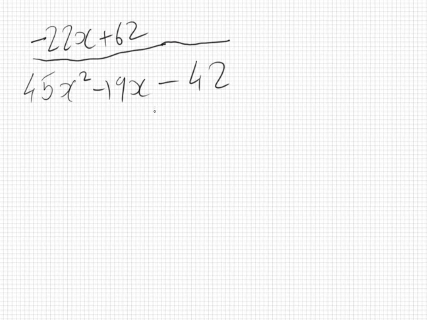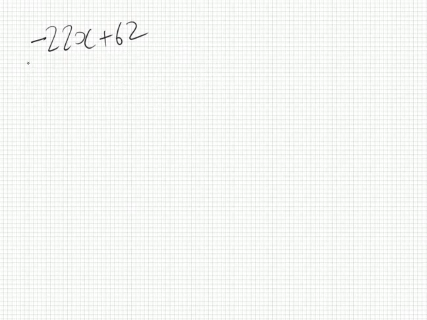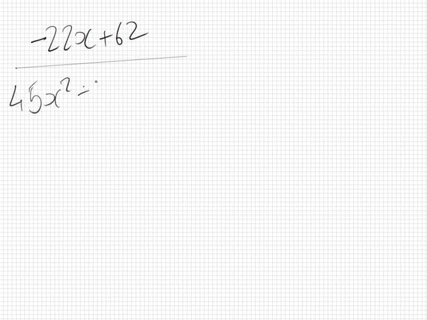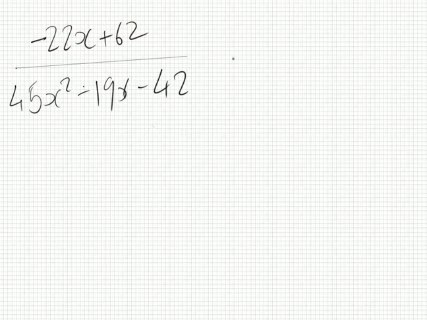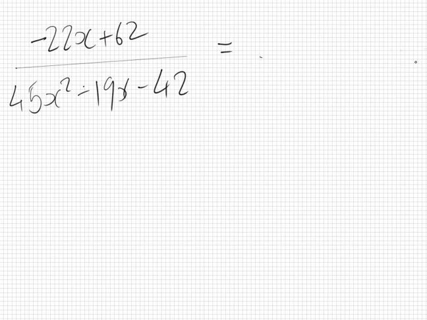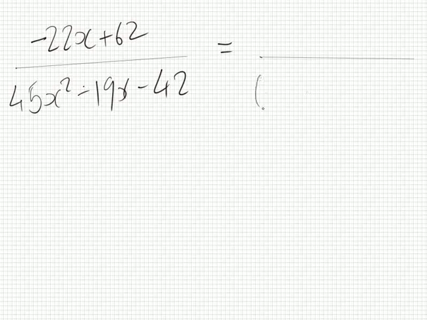I'm going to write that again, that's a bit messy. 45x squared minus 19x minus 42. Okay, so the first thing we need to do is find the factors in the bottom there. So, Amjad, if you type this in on your calculator, what two answers do you get? Just give me the answer you get on the calculator.